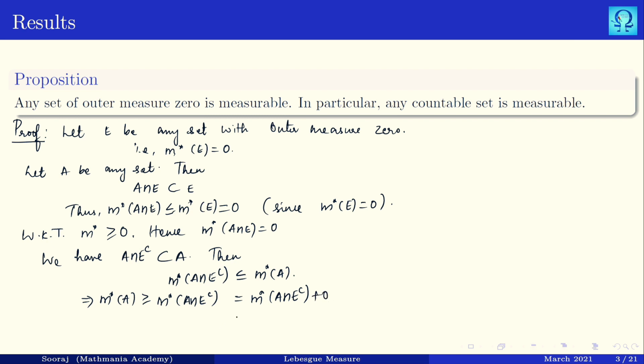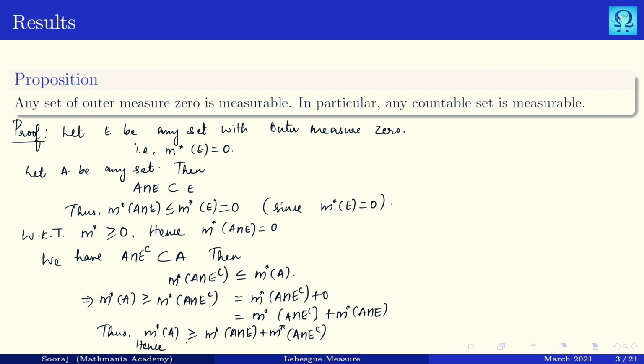The 0 is to be replaced with m star of A intersection E. So what we proved here is m star of A is bigger than or equals m star of A intersection E plus m star of A intersection E complement, and this completes the proof.